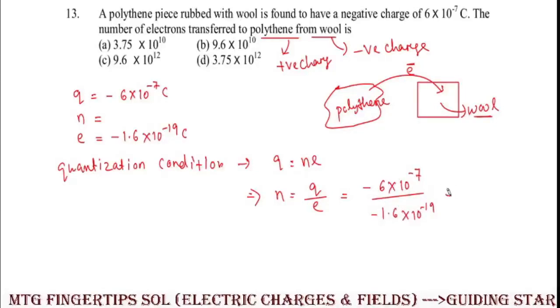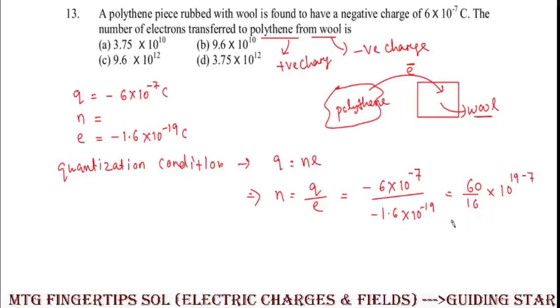So in this particular case, if you do the calculation, it will be 60 upon 16 into 10 to the power 19 minus 7. Clear?